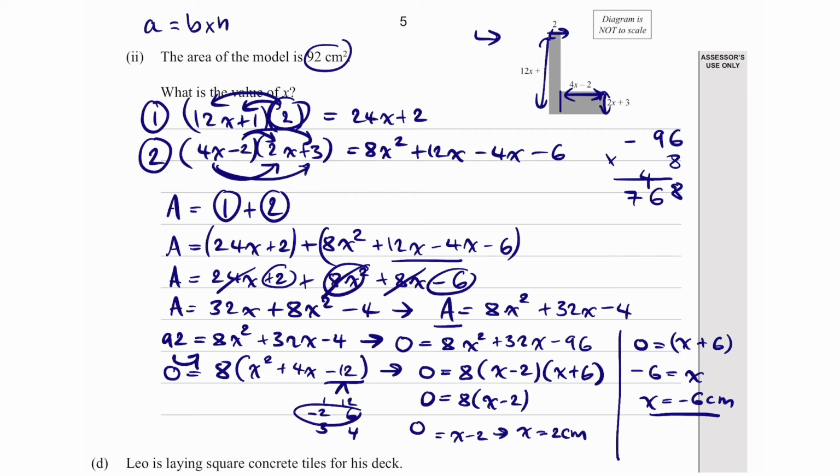Now, it doesn't make sense for us to have a negative answer, does it? Because x can't be negative, so my final answer can only be positive. So my final answer is x is equal to 2 centimeters. Now this question was quite a lot of work, so if you got x is equal to 2 centimeters, you get an excellence.